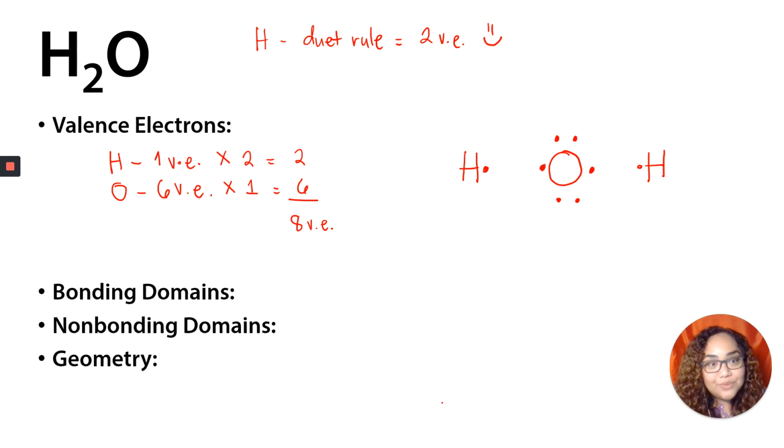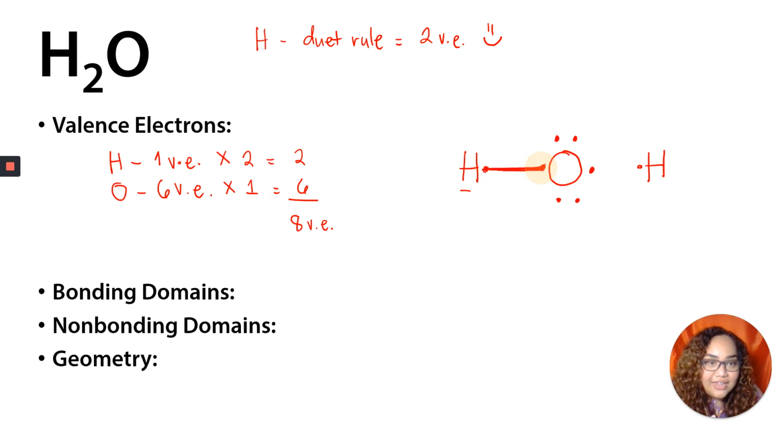So it will only need to borrow 1 electron from the oxygen. That's it. Okay, so what are we going to do? So it's very obvious. So this hydrogen, let's start with this hydrogen. This hydrogen will need only 1 electron. So oxygen will gladly share its 1 electron. So we're going to form a bond just like this.